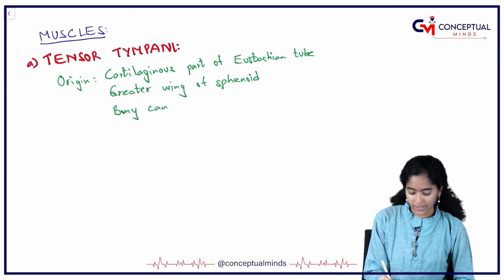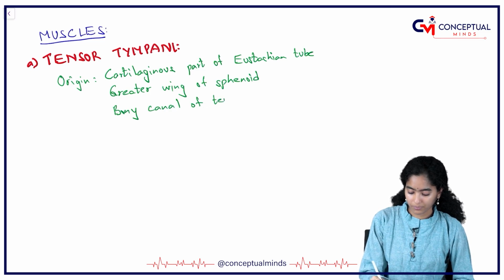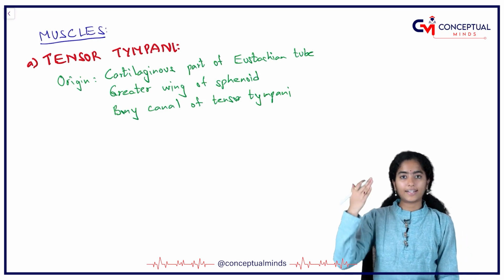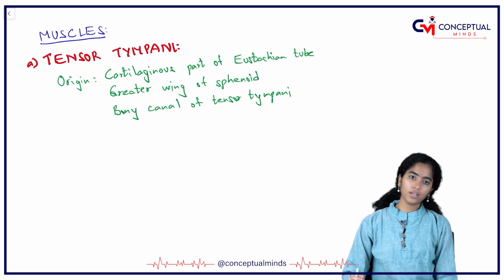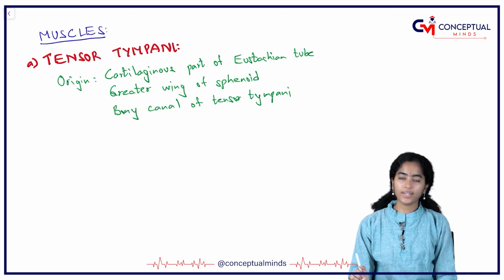There is no specific name for this bony canal. It's called the bony canal of tensor tympani. Now all these structures are present anteriorly. So this muscle is coming from the anterior side and it is running posteriorly. It's running in antero-posterior direction.